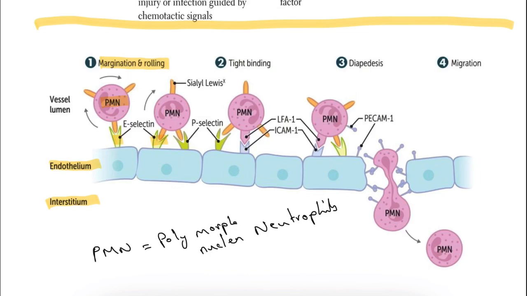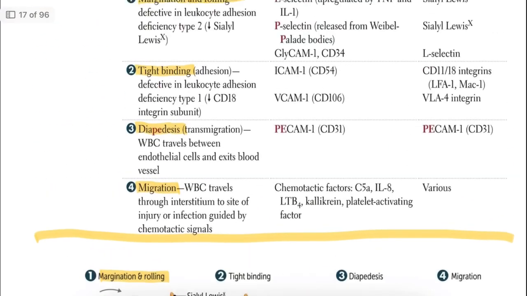First of all, in the vasculature we can see endothelial cells. In endothelial cells, attached with some molecules, we can see E-selectin, this one, and another one, P-selectin, this one. The E-selectin function is that it is induced by tumor necrosis factor and interleukin 1.